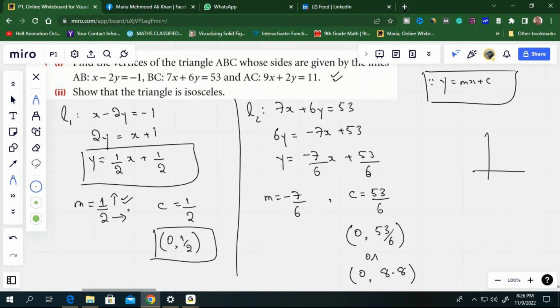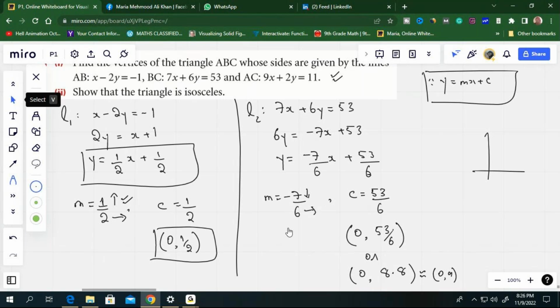Approximately you can take this as (0, 9). Roughly, if we just try to plot the graph on a plain paper, then this point is going to work, and then you can move this point 7 units down and 6 units right, you're going to get the other point. Okay, so it's like that.